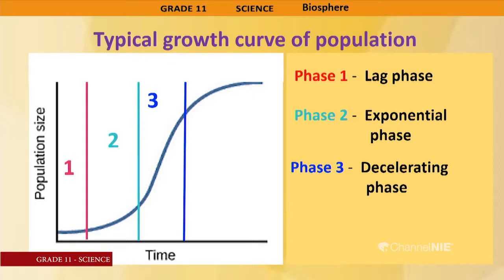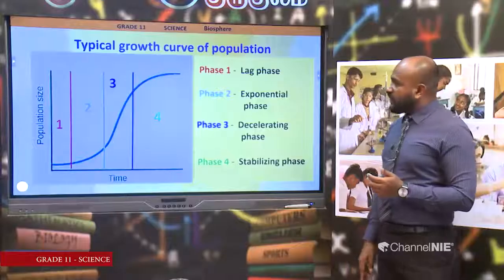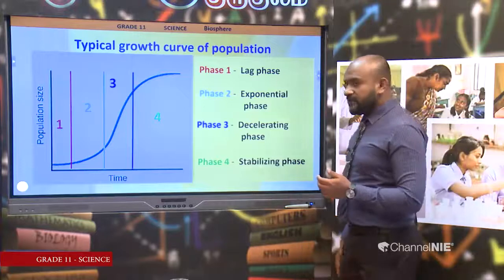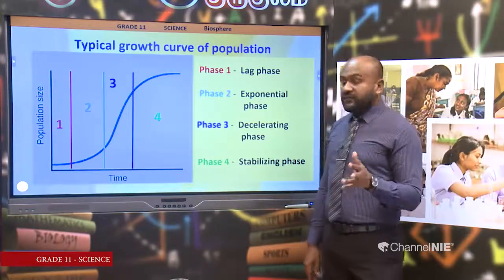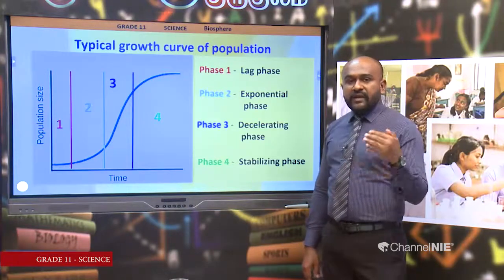We identify another phase as well, that is the stabilizing phase. So, we identify 4 phases: lag phase, exponential phase, decelerating phase and stabilizing phase. Now we are going to talk about these phases in a bit of detail, and learn the reasons for these changes in the growth rate.